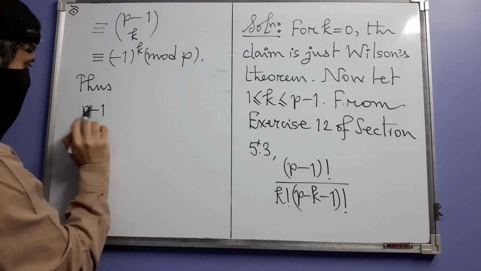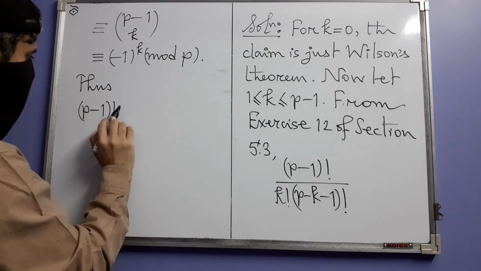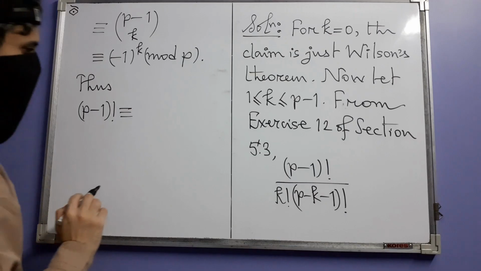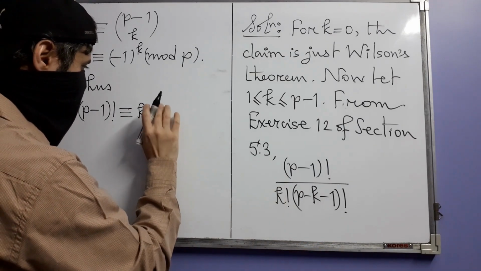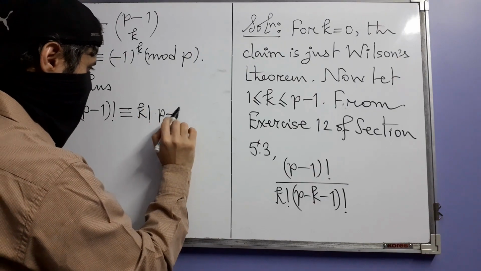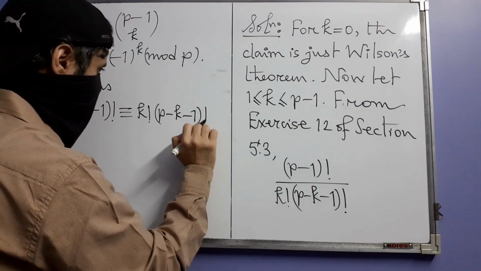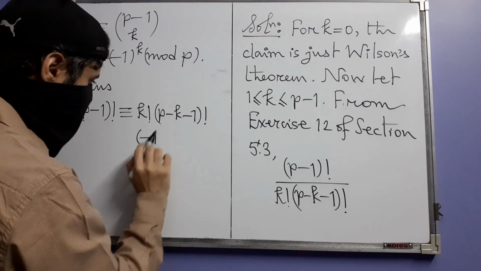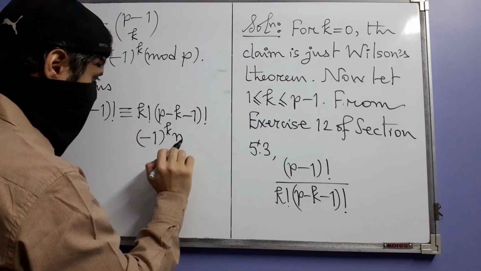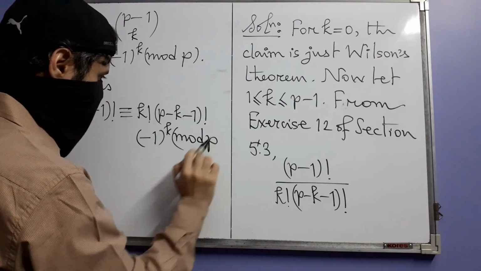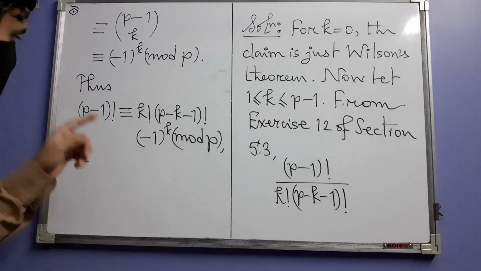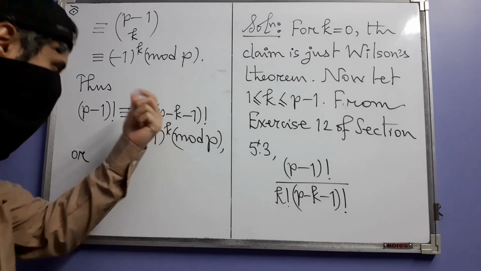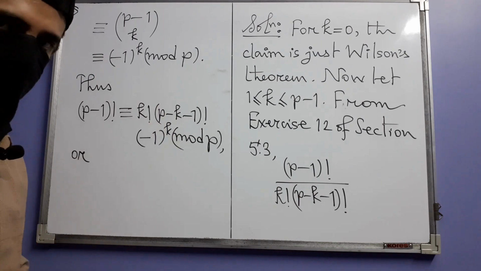p minus 1 factorial is congruent to k factorial times p minus k minus 1 factorial times minus 1 to the power k mod p. Now we can multiply on both sides by minus 1 to the power k, that also we can do.